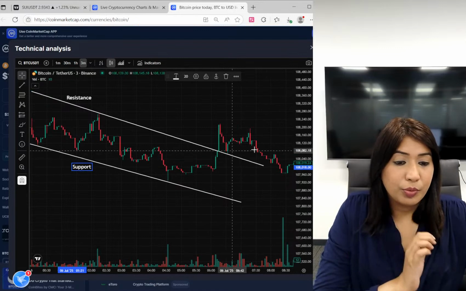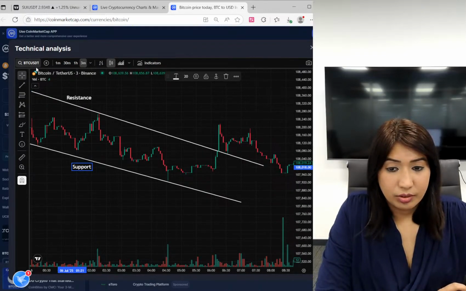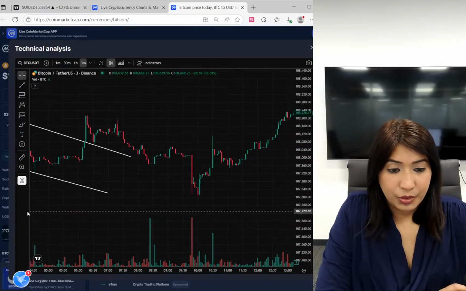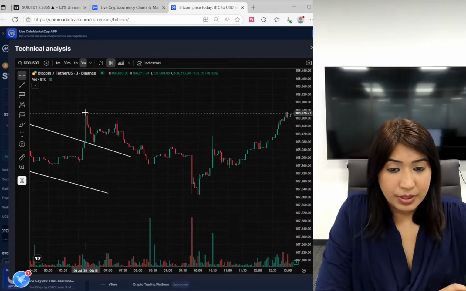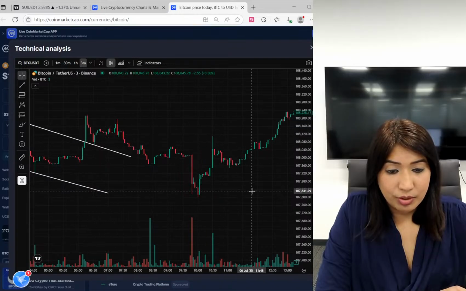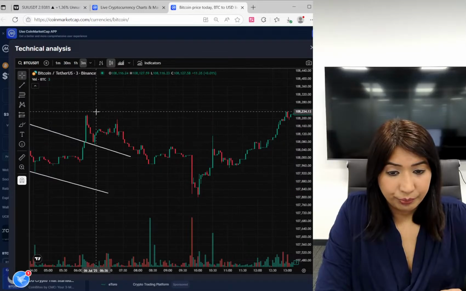It broke through my support and created another trend all the way. It seems like it had very major buying here, but then it couldn't continue that for a longer period.